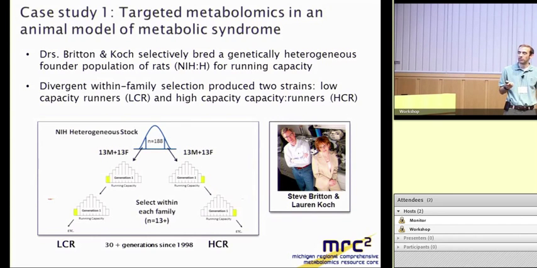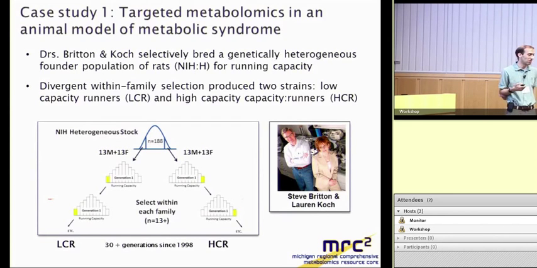The idea was to preserve the heterogeneity, but select for running capacity. After multiple generations of selection, over 30 since 1998 when this really got up and running full-fledged, we can say that we have two separate lines of rats, low-capacity running rats and high-capacity running rats.